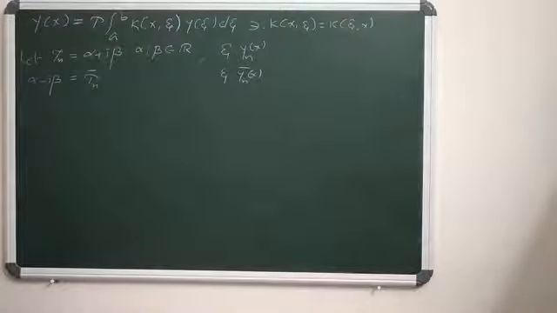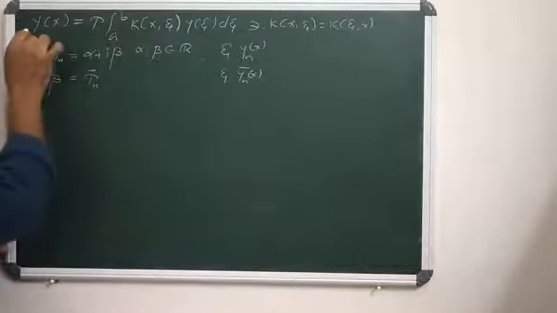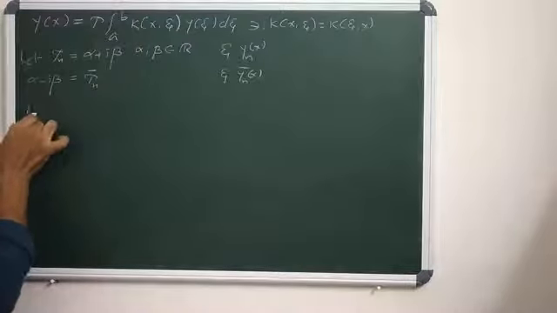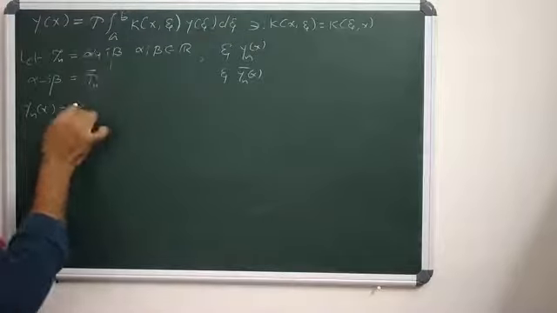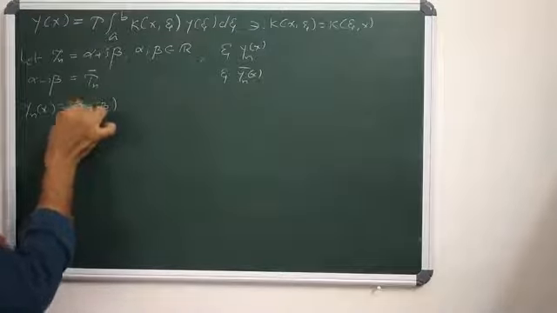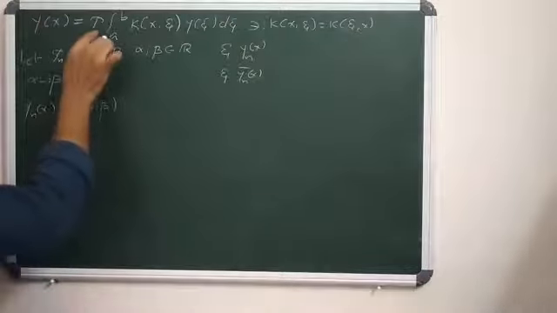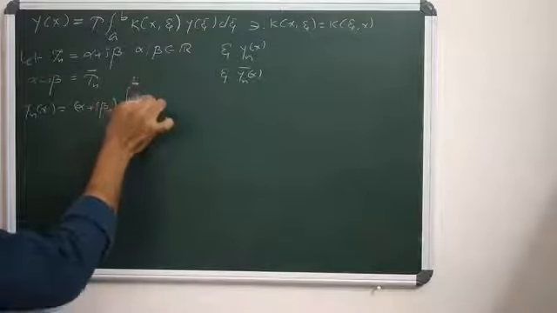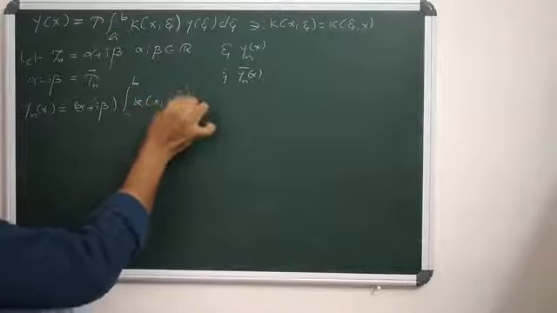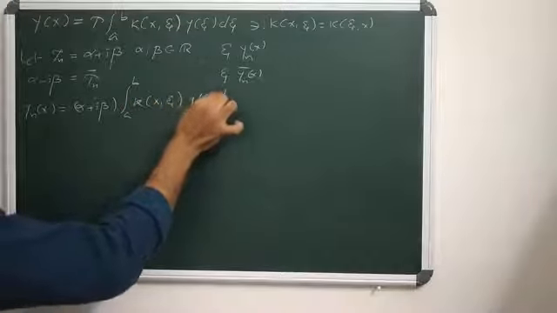Therefore, what is y_n(x)? y_n(x) equals lambda n, that is alpha plus i beta, into integral from a to b of k(x, theta) y_n(theta) d theta.